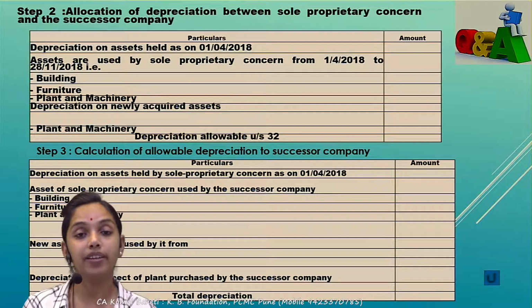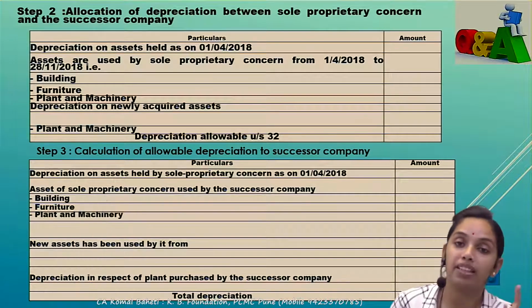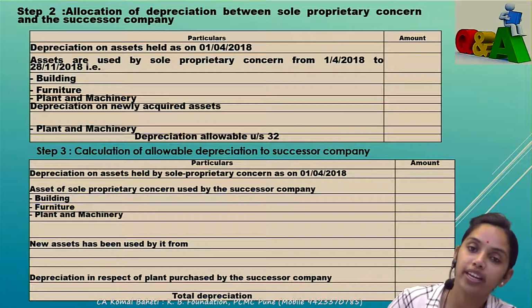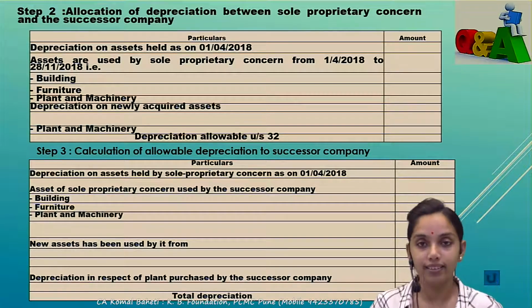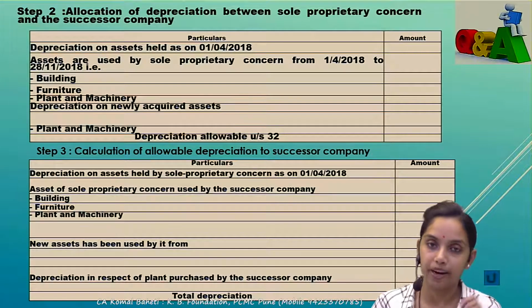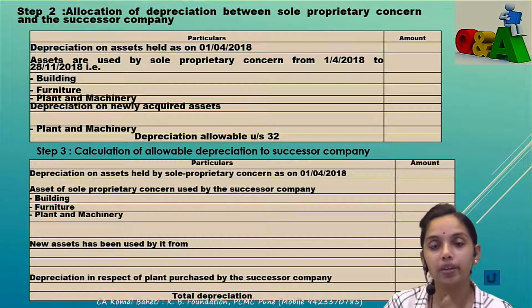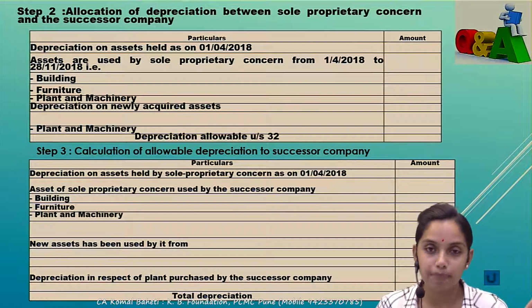Next step, I calculate how many days the asset has been used by the proprietary concern and for how many days it has been used by the successor company. Successor is nothing but over here that company, and that proprietary concern. So it happened on 29th of November. So calculate the days from the 1st April to 29th of November.